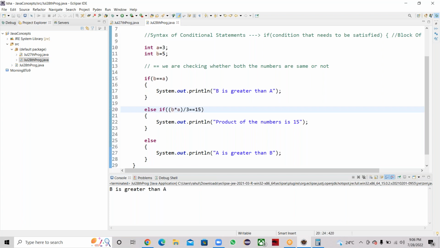So what is the output of the program? A is greater than B. B is greater than A. So what is the answer?